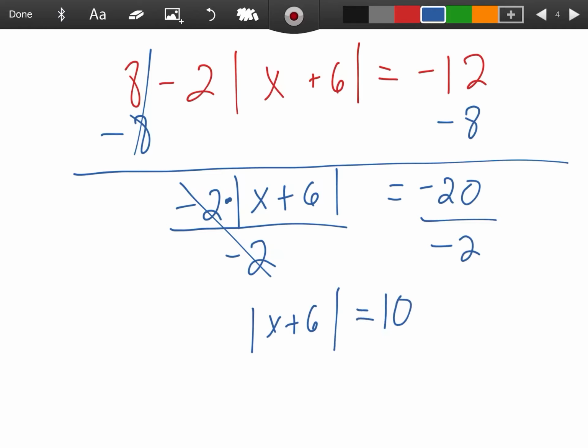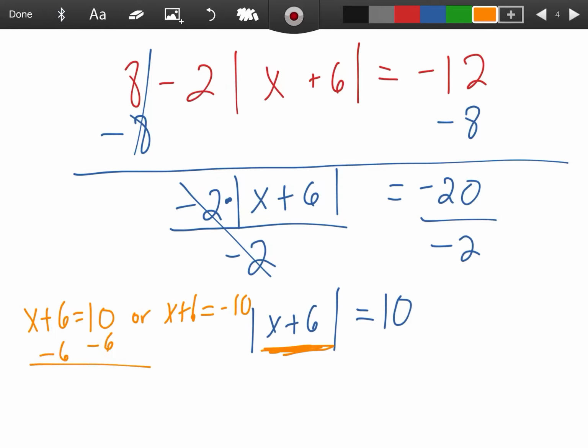Now I have just the absolute value on the left side, so I can take what's in the absolute value and set it equal to the positive of 10 and the negative of 10. So x plus 6 is equal to positive 10, or x plus 6 is equal to negative 10. Now we solve both of these equations.